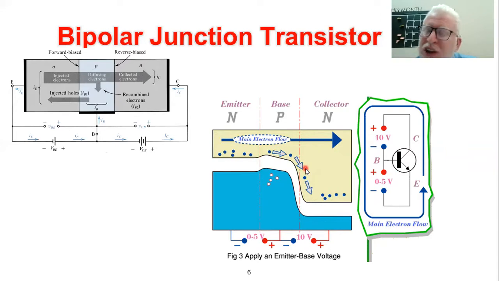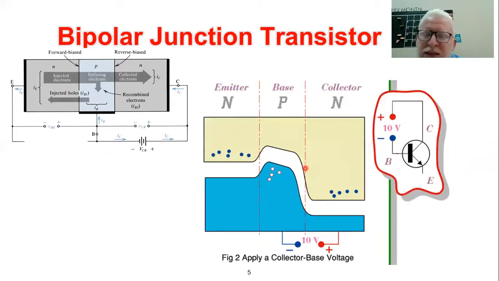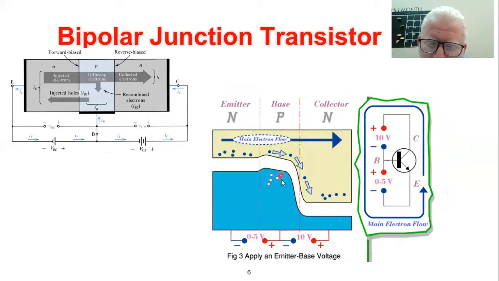However, generally, you can also have current due to holes. This is simply because this is a p-type region. So you have a majority of holes here, as you can see, this white circle. Whenever you turn this base emitter junction into a forward bias, then this barrier also will disappear. And then holes now can move from the base to the emitter.